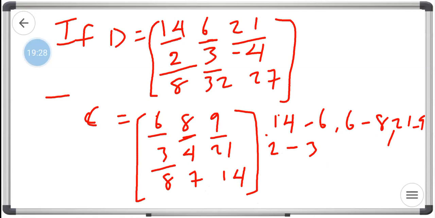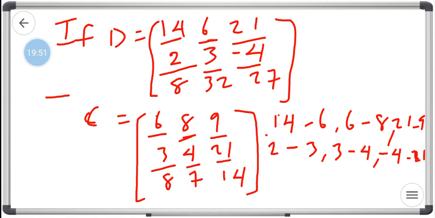Now A22 here, that is 3, minus A22 here, that is 4. Then A23 here, that is minus 4, minus 21.